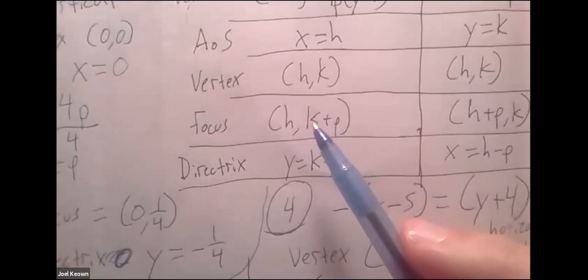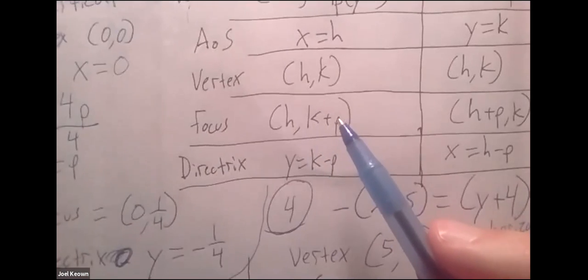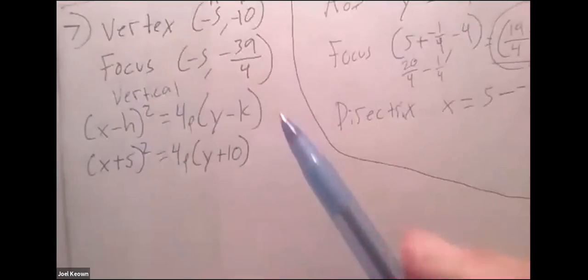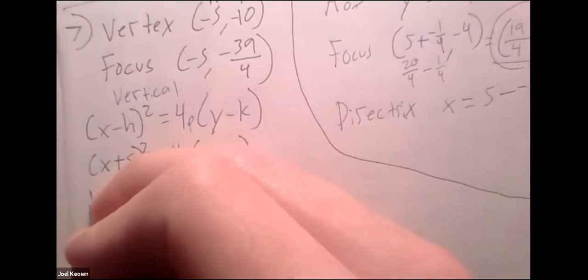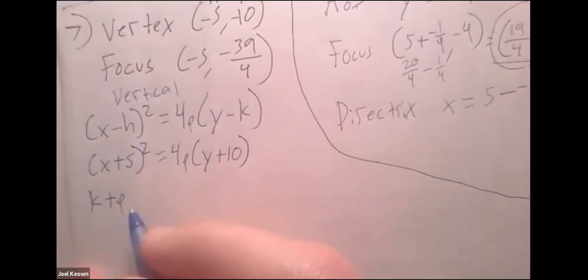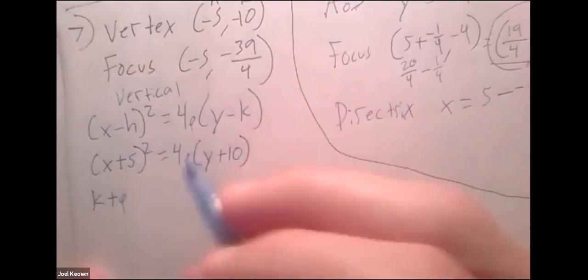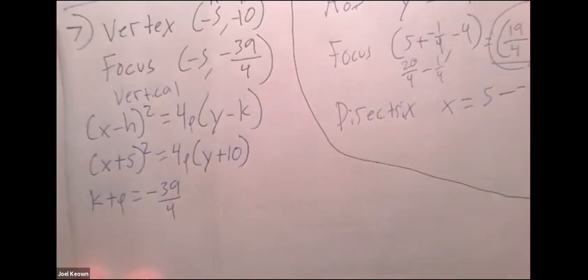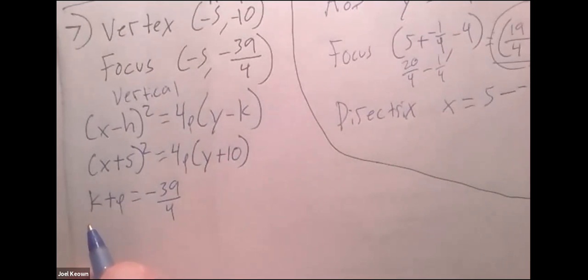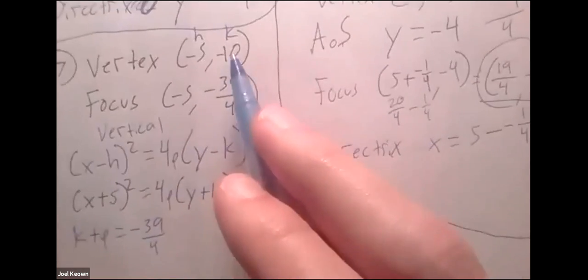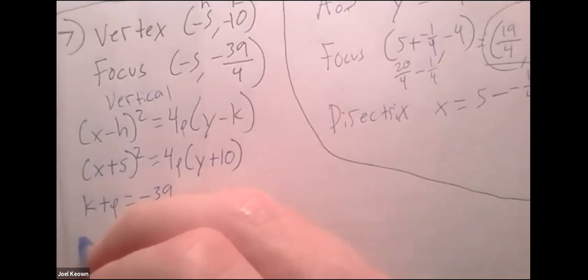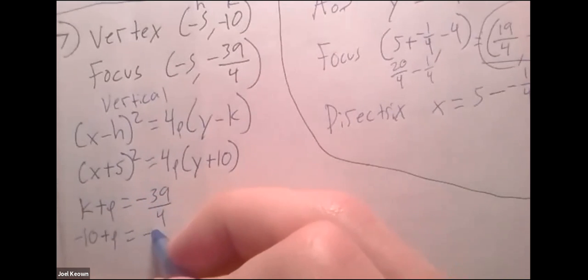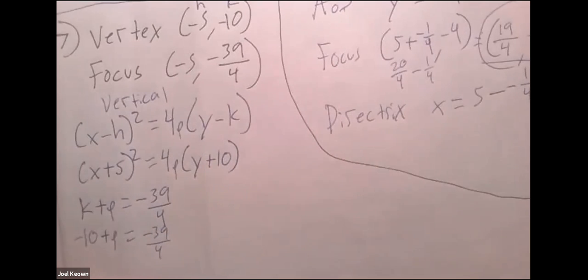The focus is k plus p. So k plus p gave us this right here, negative 39/4. But I know what k is. K is the y value of my vertex. K is negative 10. So negative 10 plus p gave me negative 39/4.